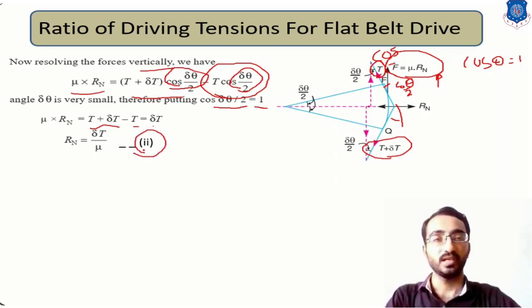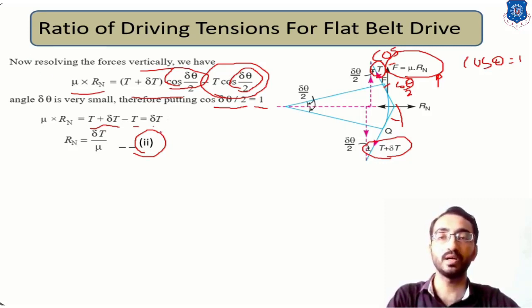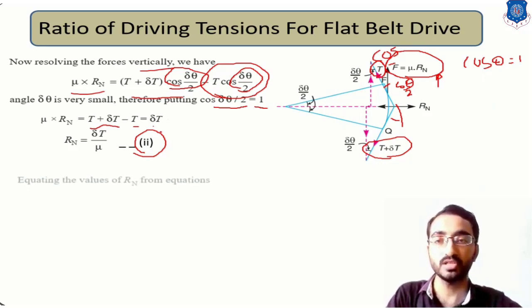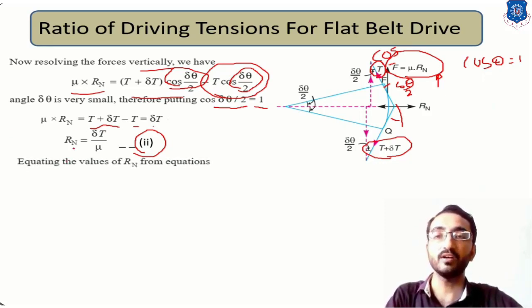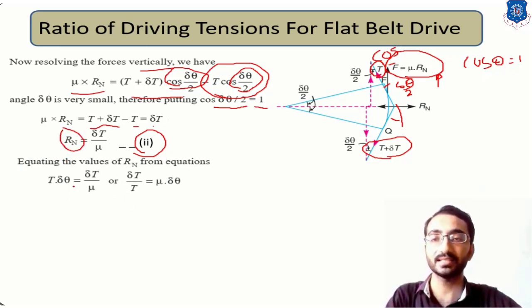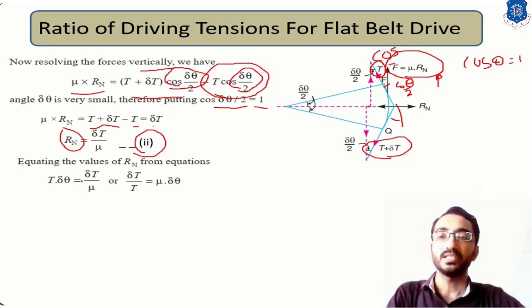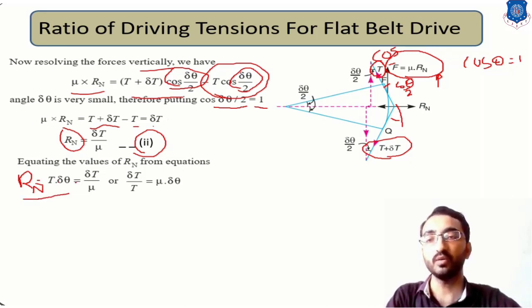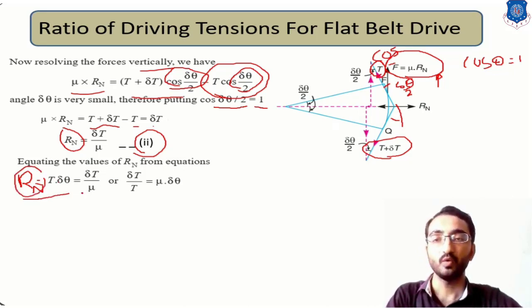Now we can use equation number 1 for horizontal and equation number 2 for vertical. By equating these two equations, or by putting the value of Rn from this equation into equation number 1, where T delta theta is equal to Rn, we replace Rn with delta T by mu. So your equation will be T delta theta is equal to delta T by mu.